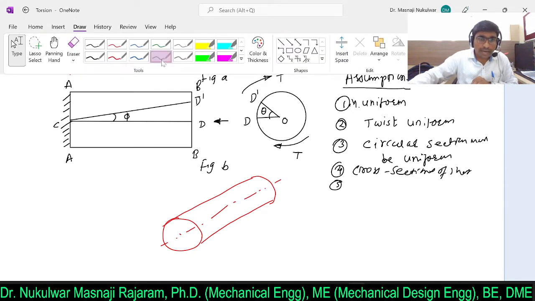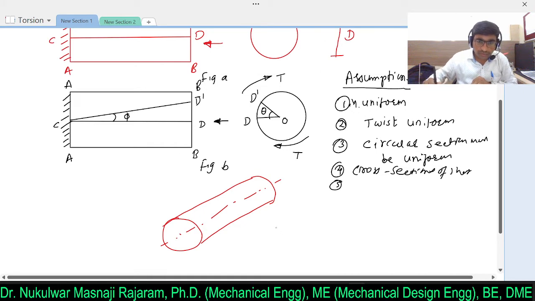Now at the circumference, when you observe from this direction, if I draw one line at equal height to the center line, this point is C and this point is D. When you apply a torque on this body, this D point gets shifted over here. Clear? If I join this, then this is D dash.